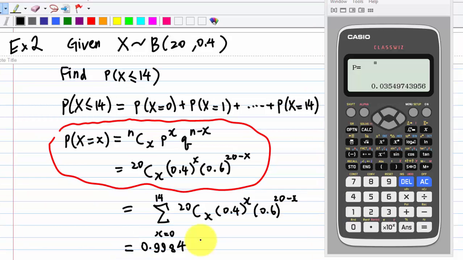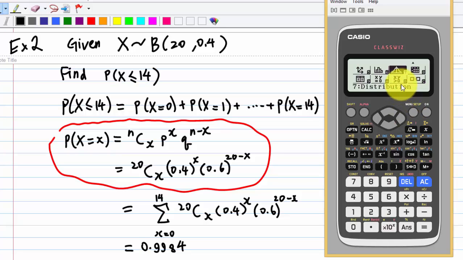Let's look at how we use the Casio fx-991EX to find the answer for probability of X less than or equal to 14. First, you go to menu, then distribution 7. Then scroll down to get binomial cumulative distribution 1.